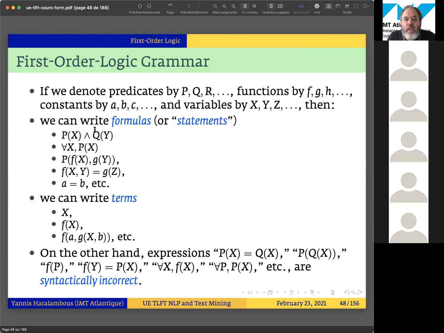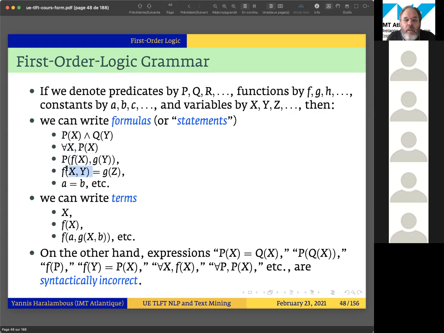You have predicates on the top level, variables as arguments of these predicates, and a connector between the predicates. Same thing here, you have a predicate and a quantifier. Here you have a predicate which has functions as arguments. Here you have the special case of the equality between terms.